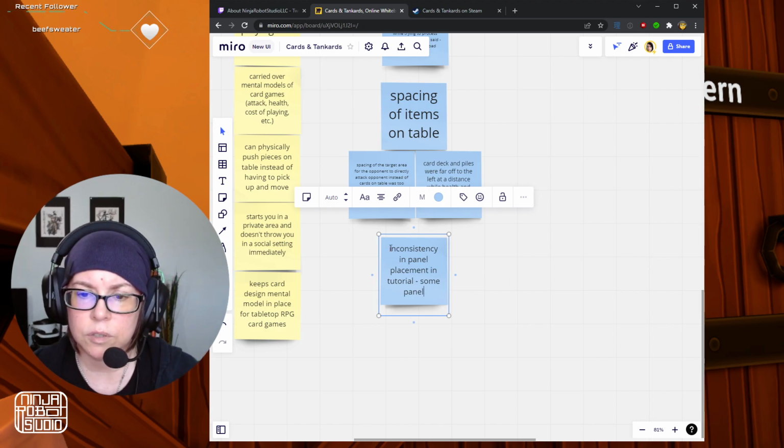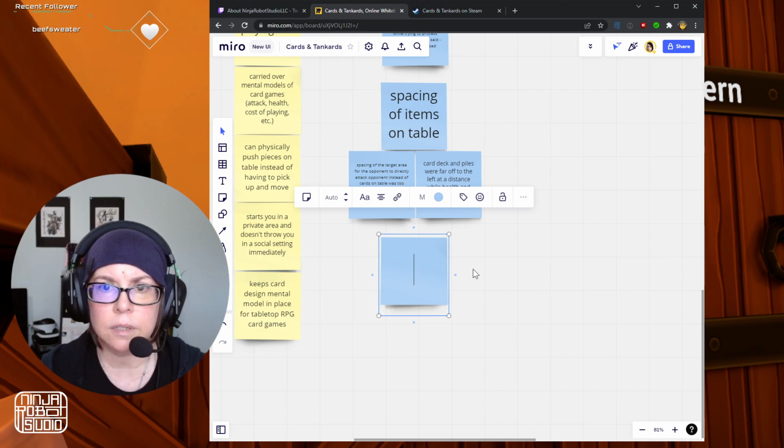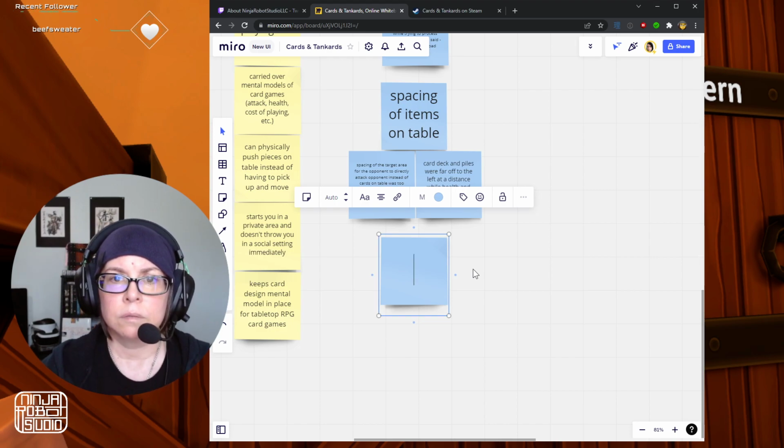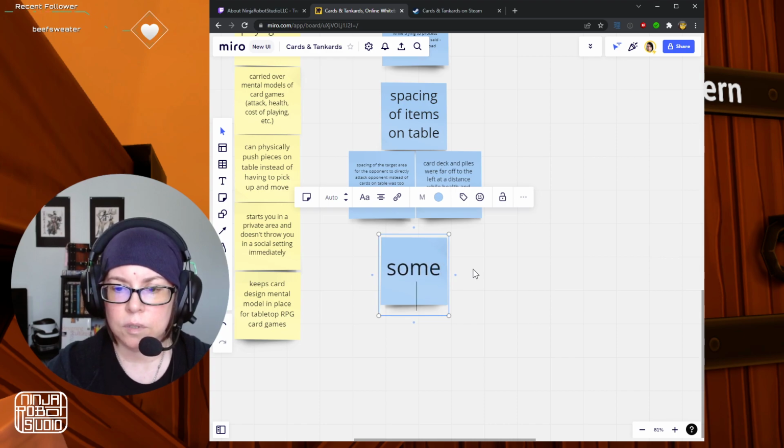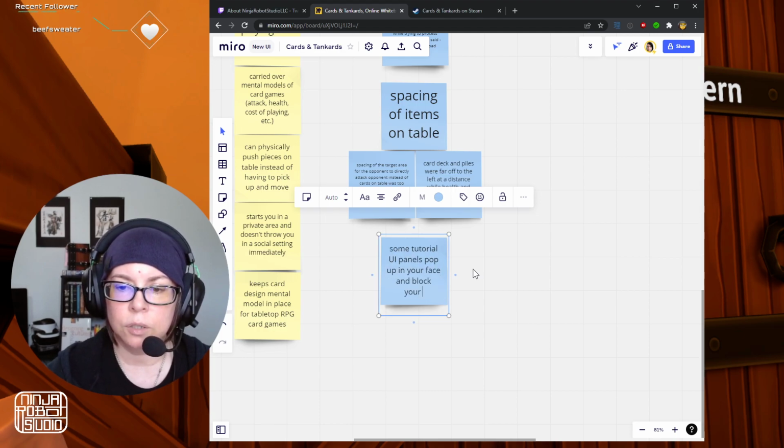So I don't know if they were really inconsistent so much as some tutorial UI panels pop up in your face and block your view, and follow you so you can't see.